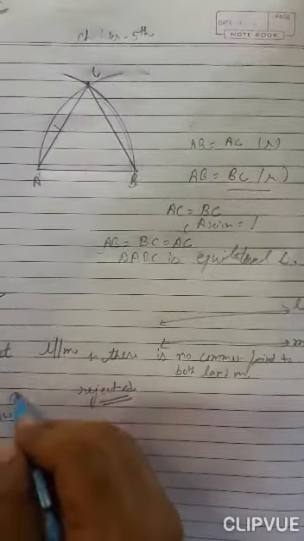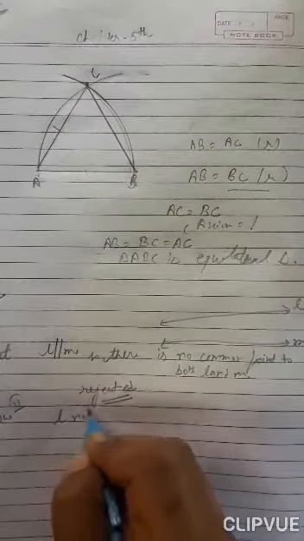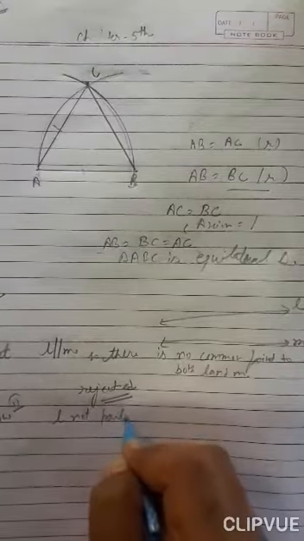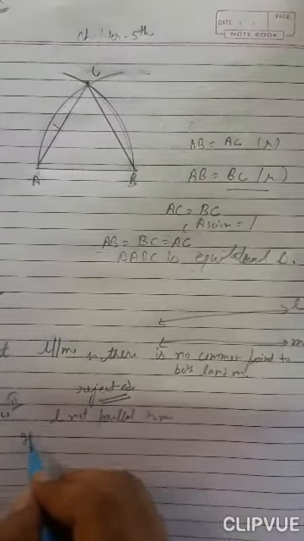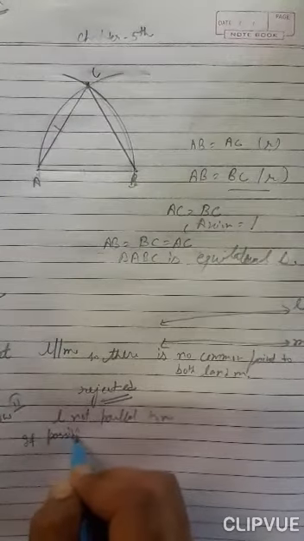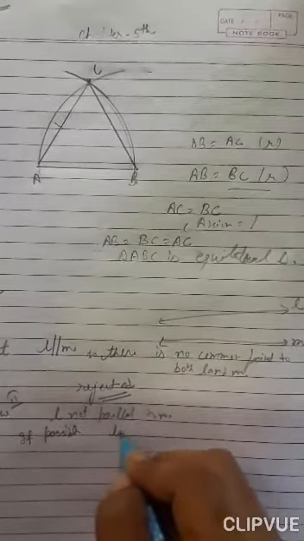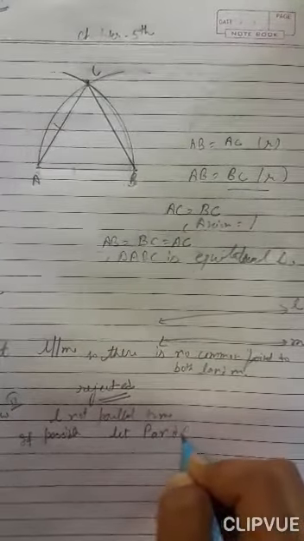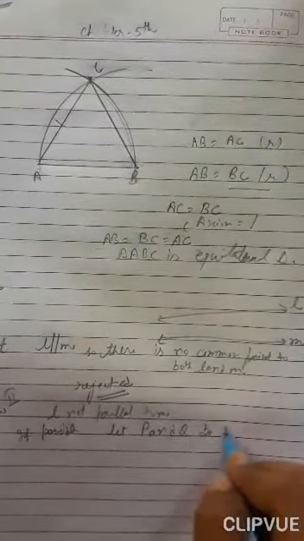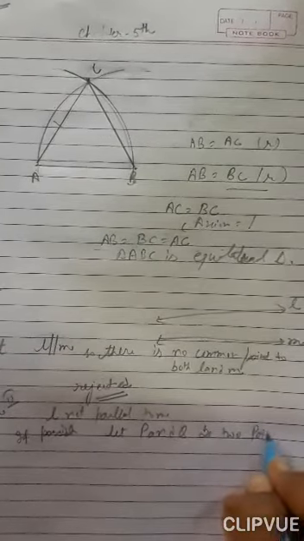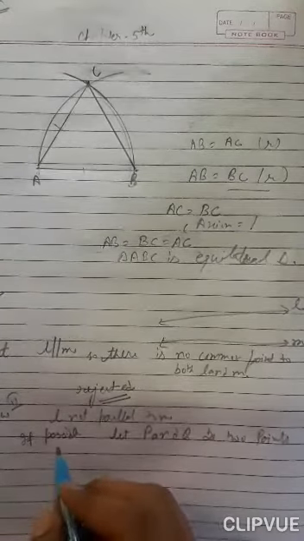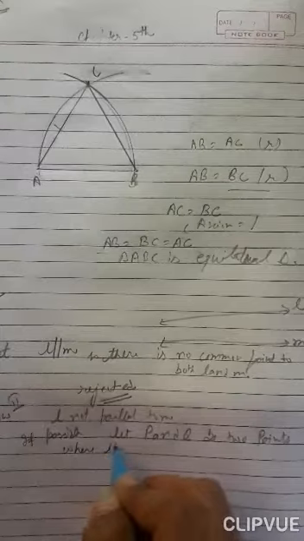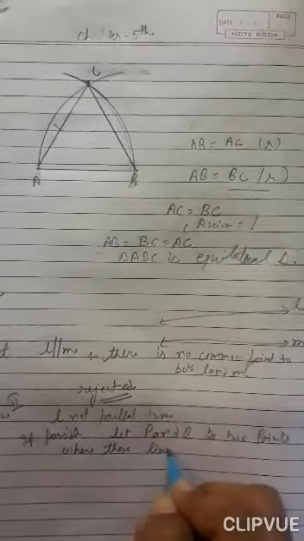Now we can take the second case, that L is not parallel to M, and if possible, let P and Q be two points where these two lines meet.